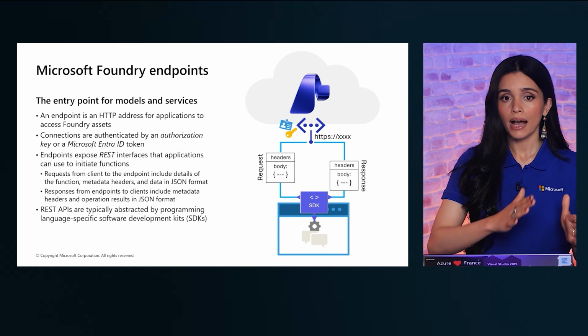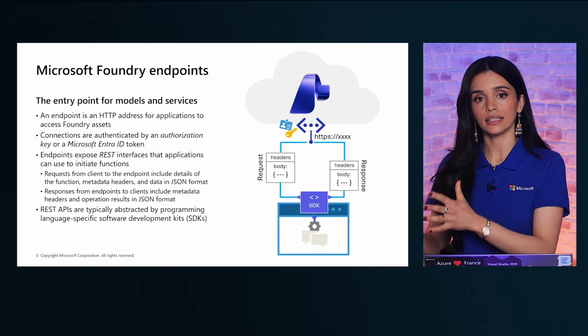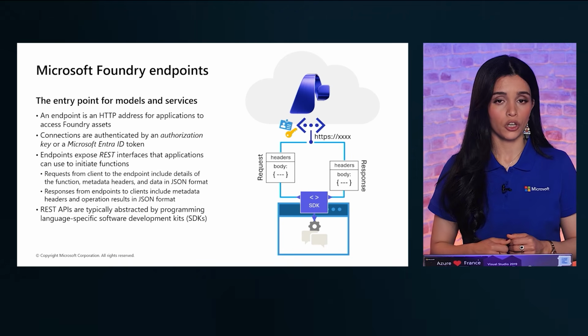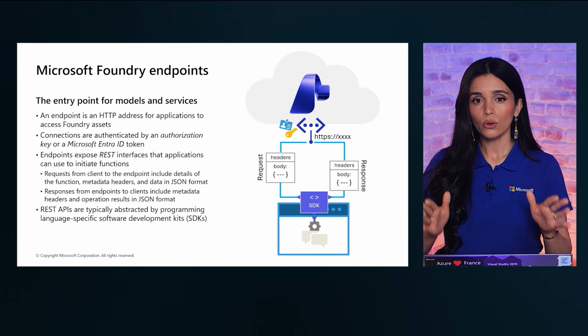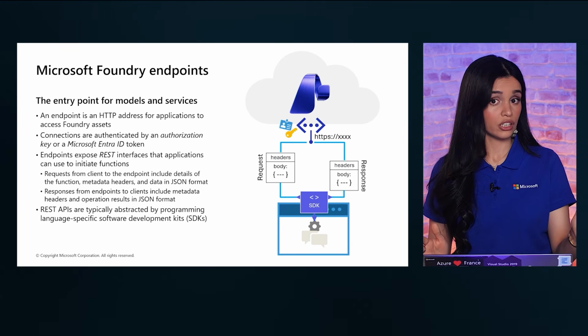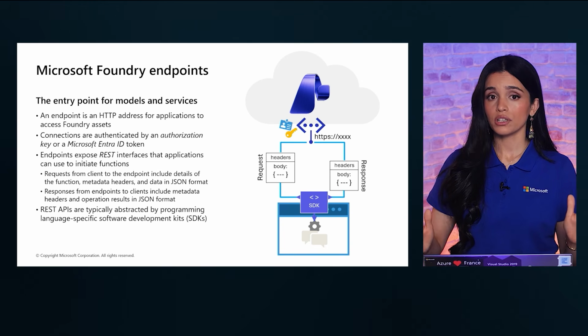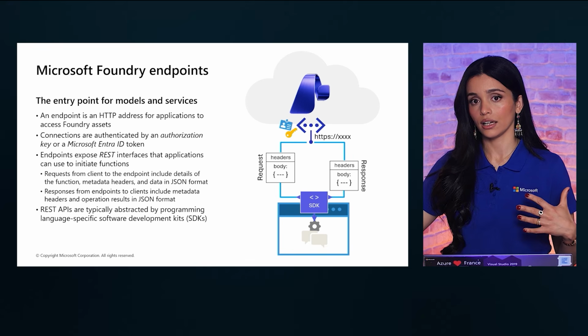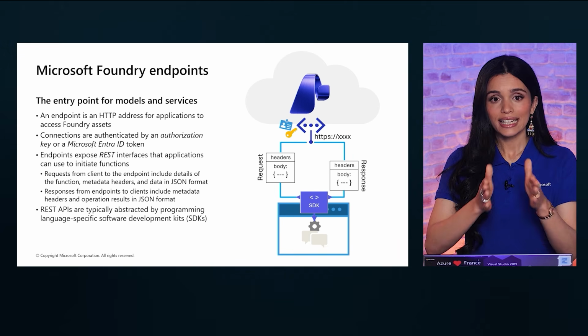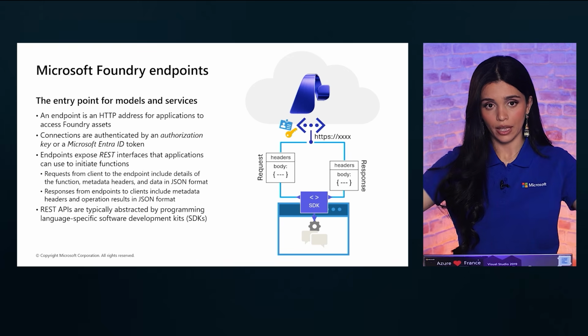The endpoint passes the request to the right AI service and then returns the answer back to the application. This follows a basic client-server model. The application is the client, and Microsoft Foundry is the server side of the AI platform. The endpoint is the connection point between them.